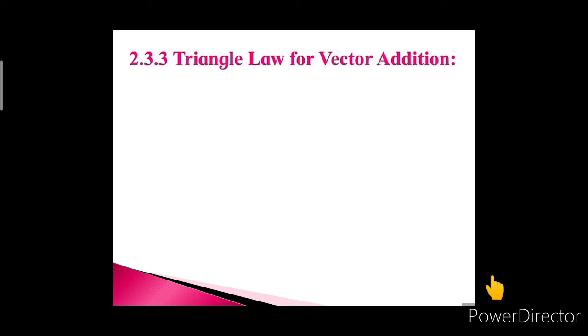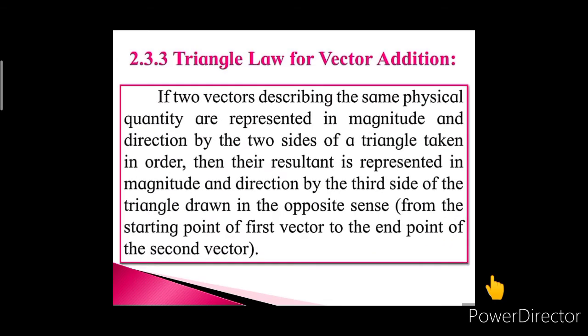When vectors of a given type do not act in the same or opposite directions, the resultant can be determined by using the triangle law of vector addition, which states: if two vectors describing the same physical quantity are represented in magnitude and direction by the two sides of a triangle taken in order, then their resultant is represented in magnitude and direction by the third side of the triangle drawn in the opposite sense, that is, from the starting point of the first vector to the end point of the second vector.